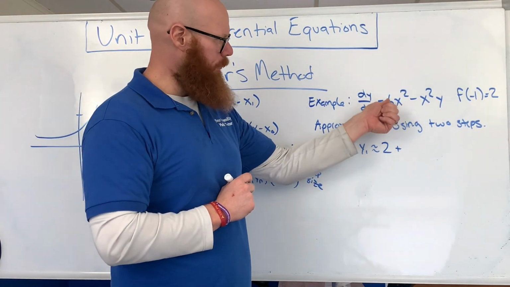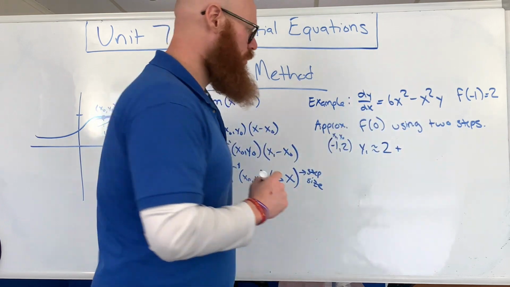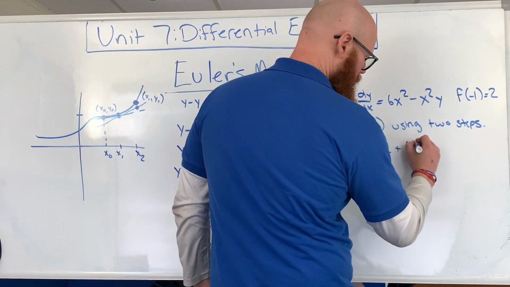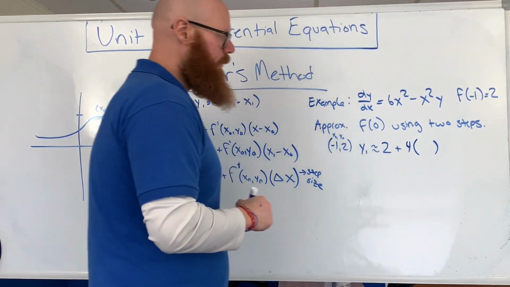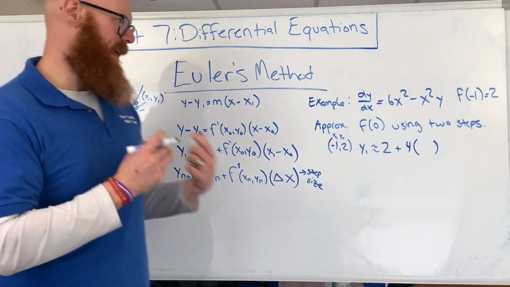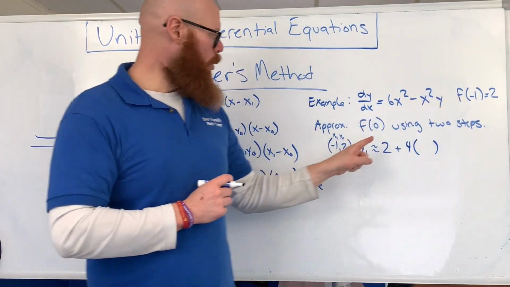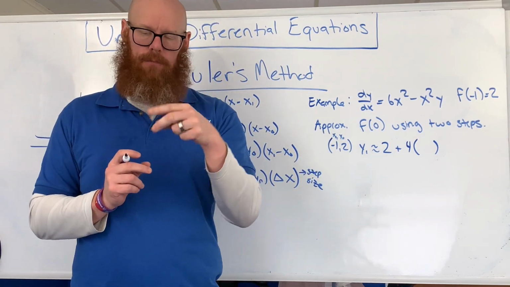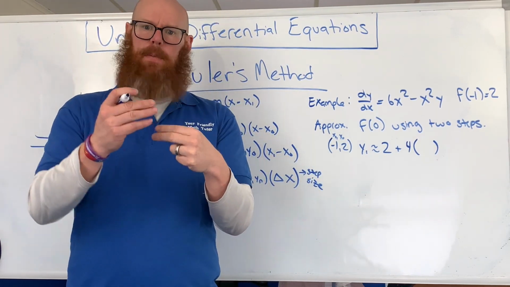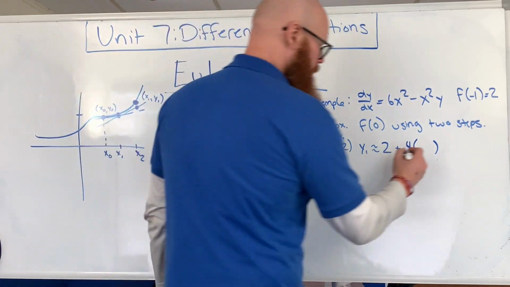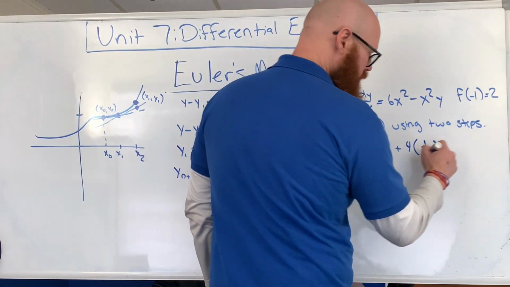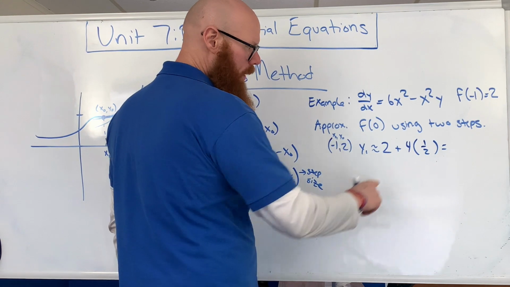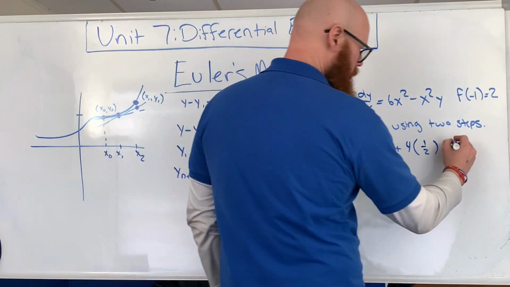So if we plug in -1, that's 6. 6 minus 2 is 4, times our step size. So our step size is this: we're going from -1 to 0 using 2 steps. Well, -1 to 0 is 1 unit, and if we're using 2 steps to get there, each step has to be a half. So I'm going to multiply by a half. This should not change throughout the problem. So this gives me 4.